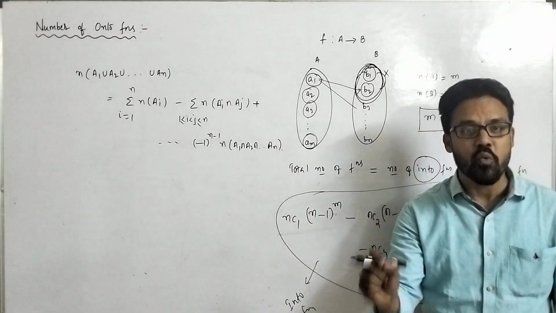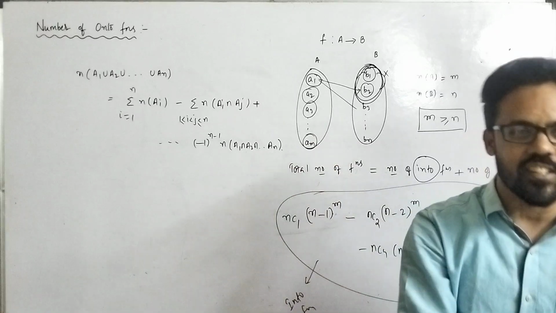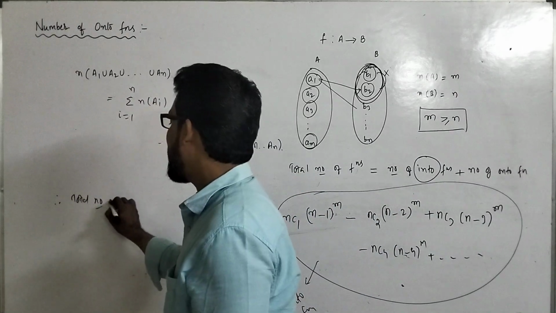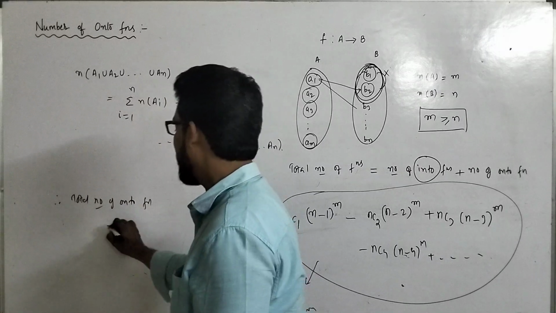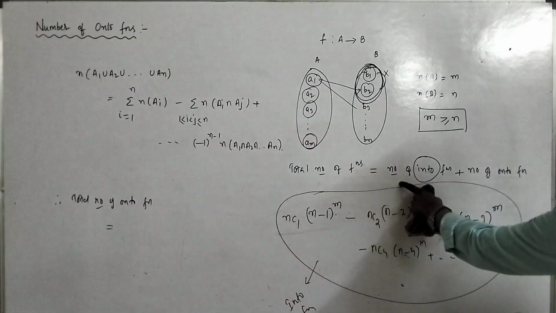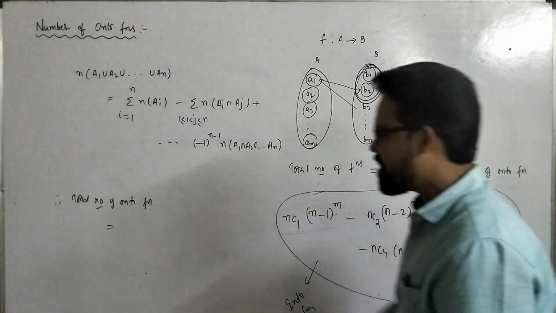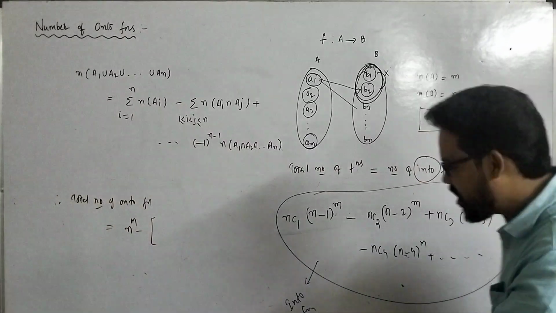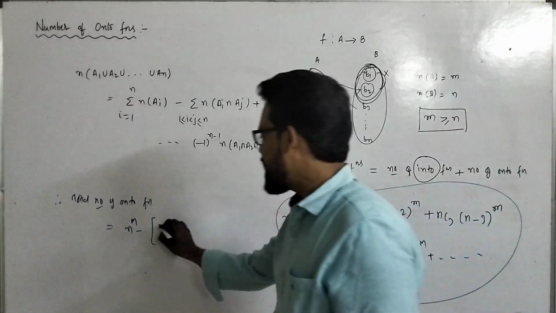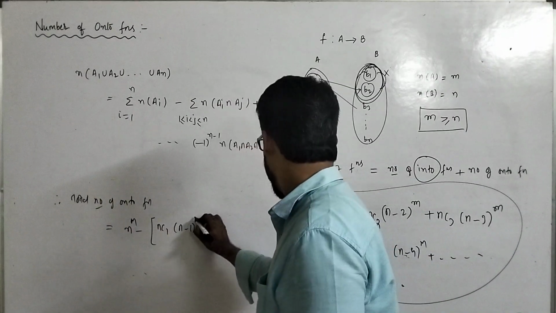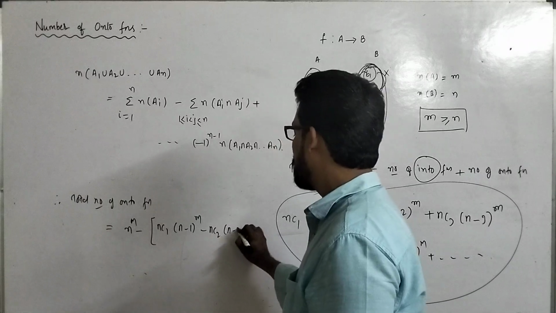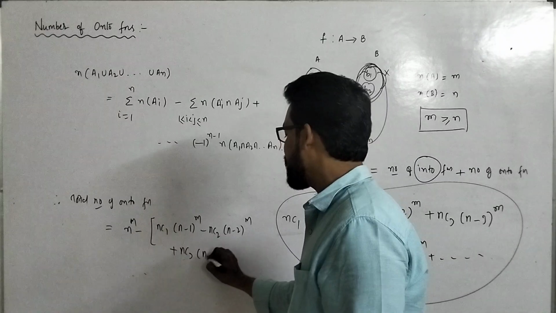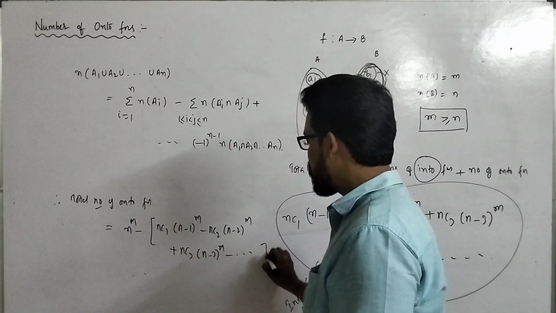Now the main agenda is the total number of onto functions. The total number of onto functions is nothing but the total number of functions, that is n power m, minus the total number of into functions: nC1 n minus 1 whole to the power of m minus nC2 n minus 2 whole to the power of m plus nC3 n minus 3 whole to the power of m, minus so on.